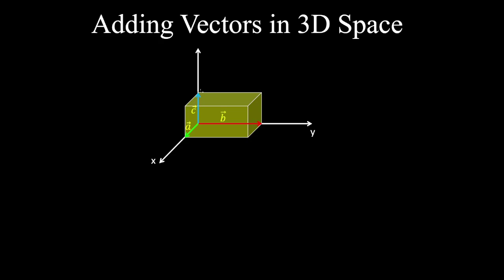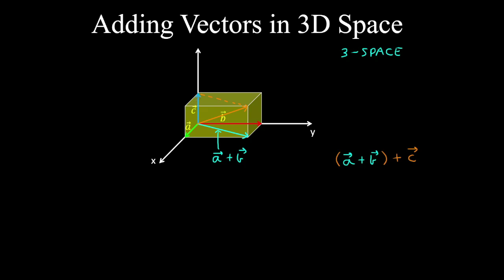We can visualize vectors when we add them in 3D space, or 3-space. So using the associative property of vector addition, we can add A and B first using the parallelogram method. And then we can add this result to C. So again, using the parallelogram method, our resultant vector would look like this.